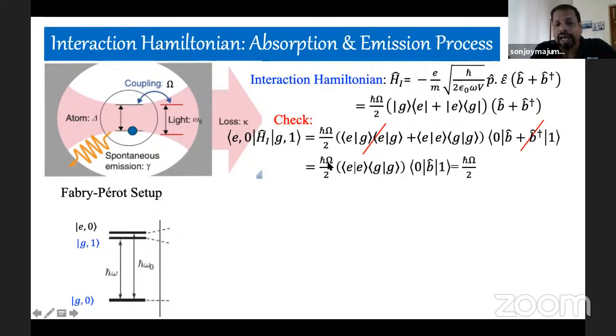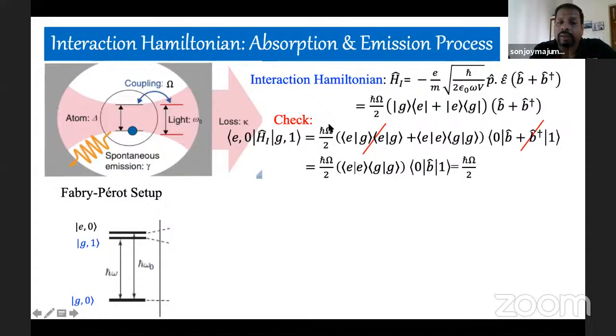So what you will get is ħω/2, and the term which is left over, ⟨E|E⟩⟨G|G⟩, and you will get ⟨0|b|1⟩. This is 1 because of orthonormality. And whatever you have, 1 photon with b operating on 1 photon, will give 1. So ultimately what you get back is the prefactor you used in writing the interaction Hamiltonian, ħω/2.